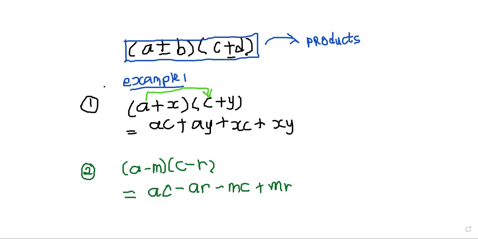If I were to do the third one, let's save it as example number 3. They're saying (a plus b) and (x plus y). For you not to get confused, make sure that you use the FOIL method. You say a times x, we get ax.